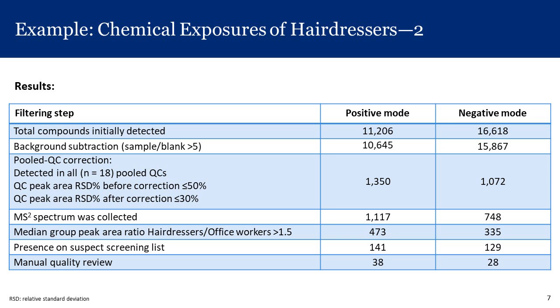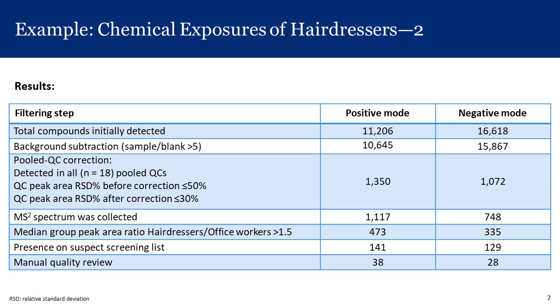So I hope this illustrates the importance of this quality control, but also how, despite the initial detection of more than 10 or 15,000 features in the samples, you really end up with only a much smaller number of compounds that is likely to be distinguished from the control group.